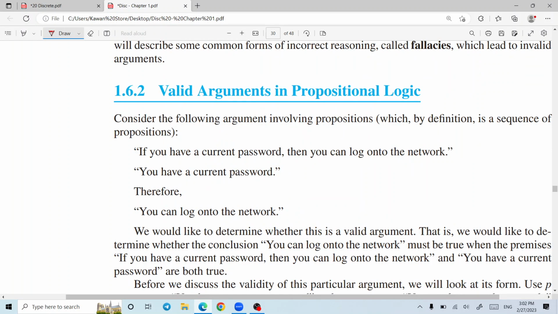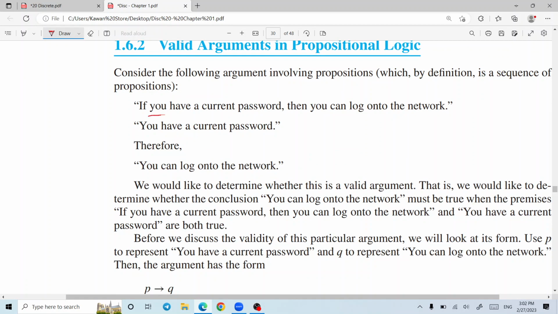What do we have? He says, if you have the current password, we have if P, then Q, of course, right? Good. Then this one is repeated, so I have P again. The P's are the same.